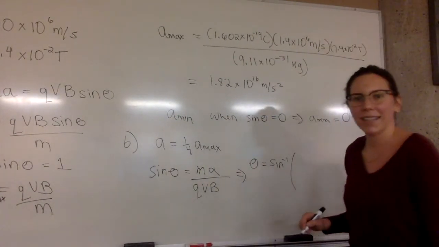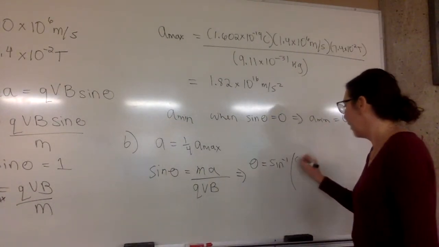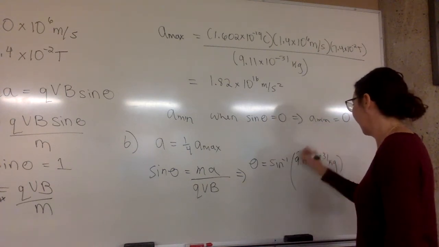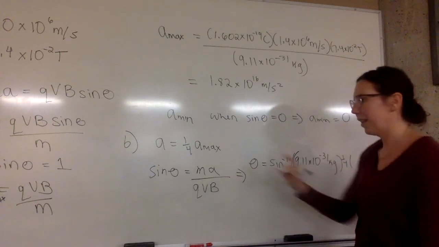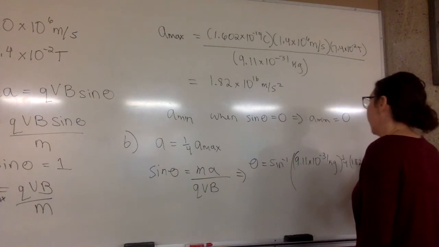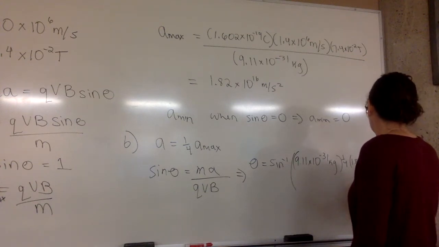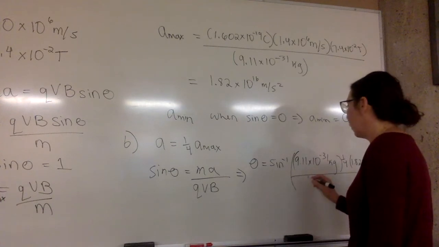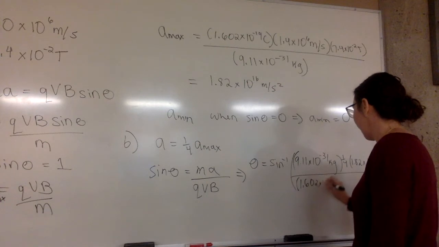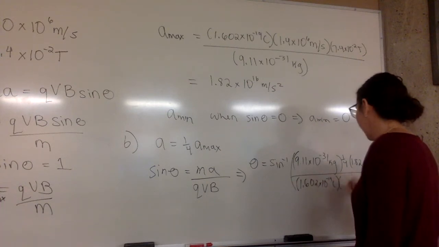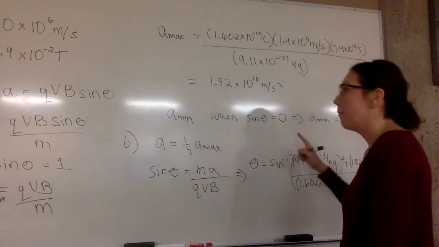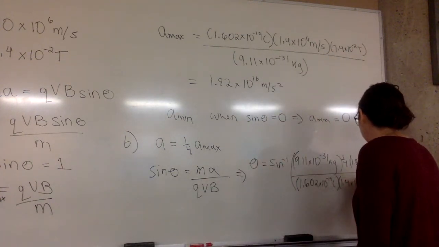So sine inverse of 9.11 times 10 to the negative 31 kilograms, times 1/4 of our acceleration from, oh, here it is, 1.82 times 10 to the 16, all over q, 1.602 times 10 to the negative 19 coulombs, v, so v is 1.4 times 10 to the 6.